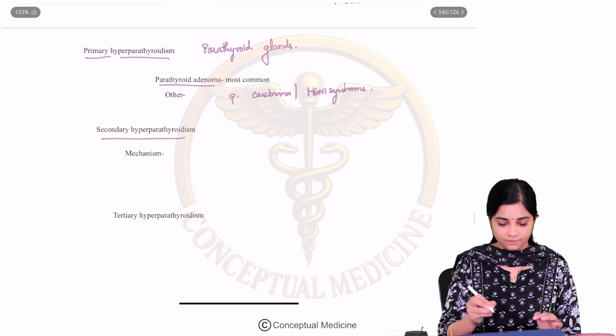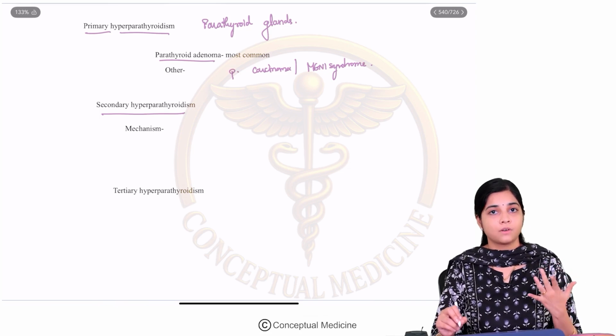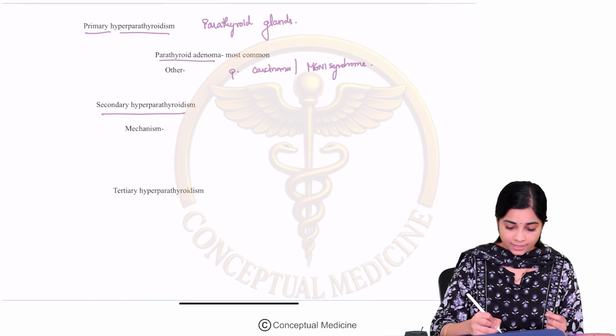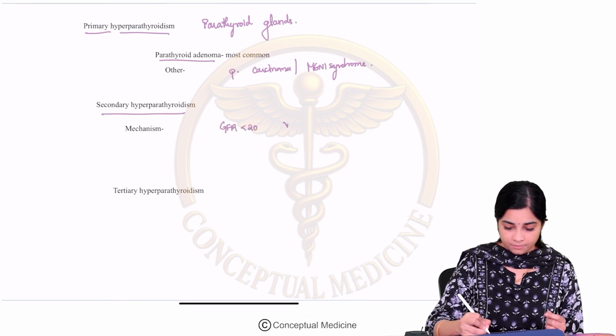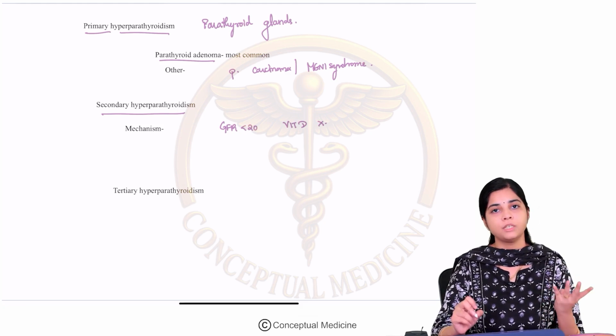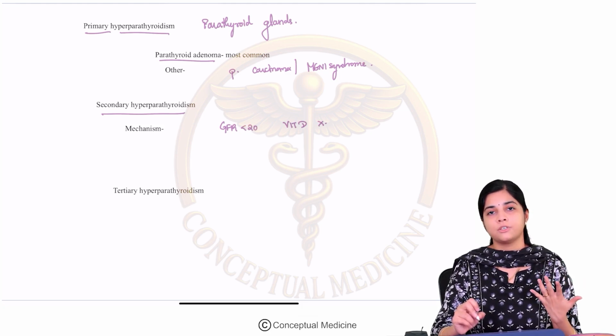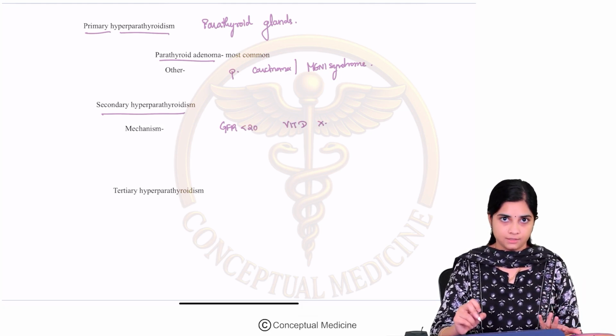Secondary hyperparathyroidism. So what is secondary hyperparathyroidism? The problem which we saw in your CKD. So what happens is that when the GFR falls to less than 20, the vitamin D does not get activated. There is no formation of 1,25 hydroxyvitamin D because of deficiency or resistance to action of 1-alpha hydroxylase, right?